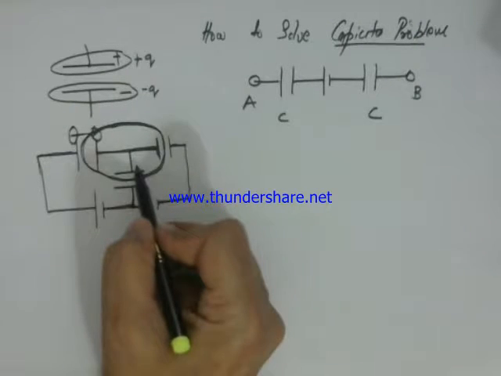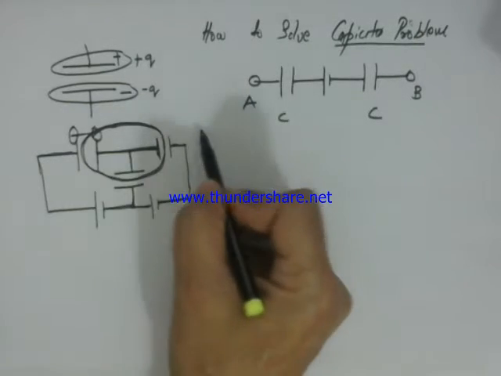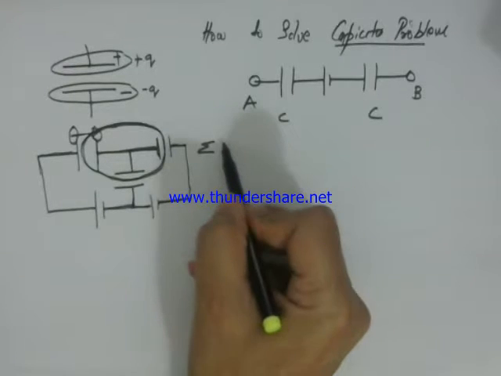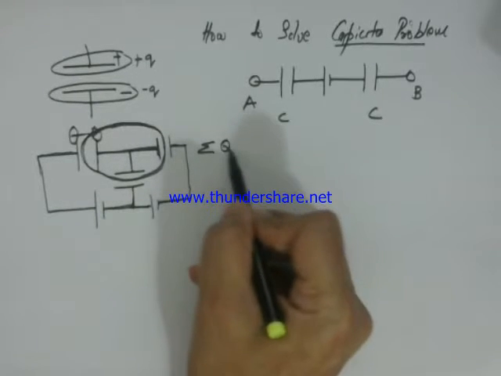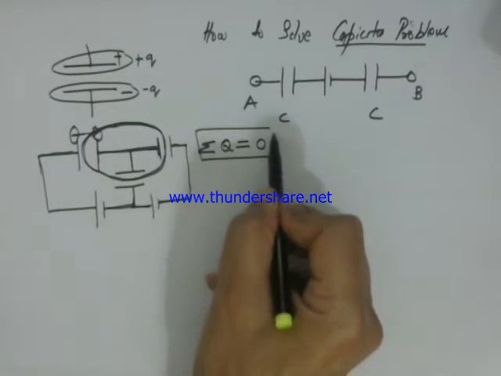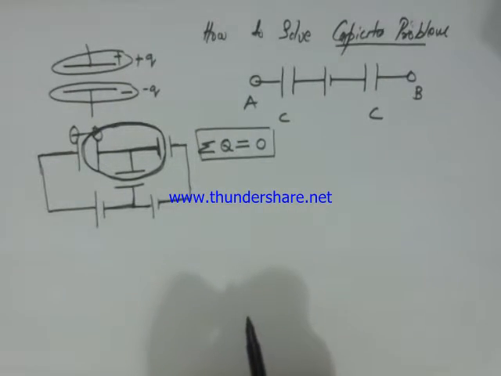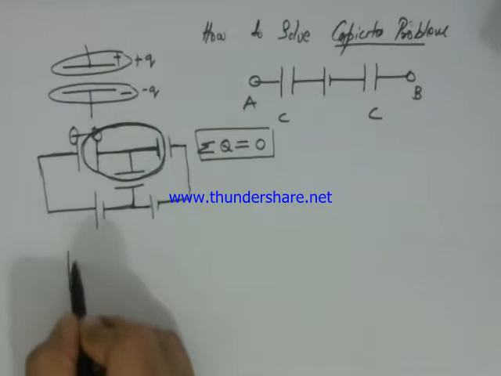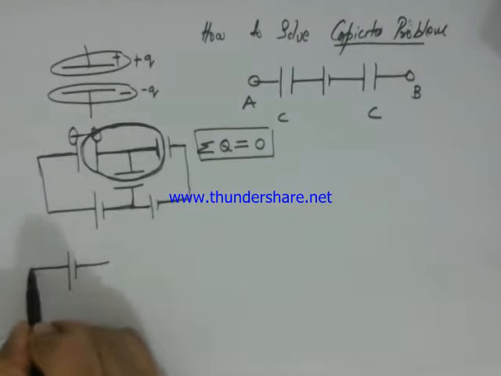So for these isolated plates, the algebraic sum of all the charges of the isolated plates will be 0. This is very, very important. And the third point you should remember is that the battery will give equal and opposite charge.